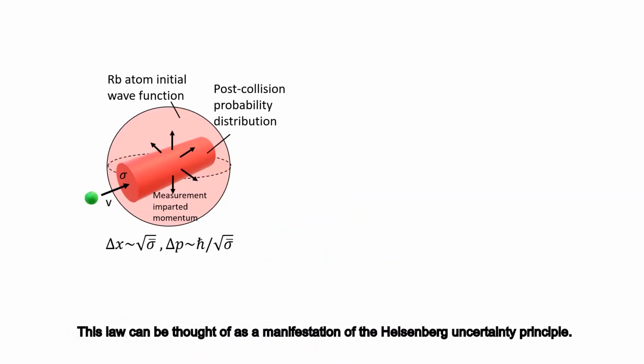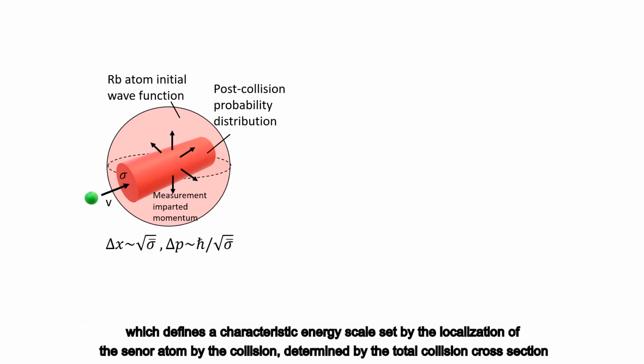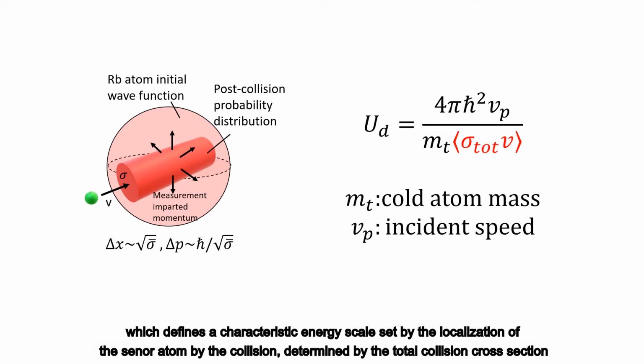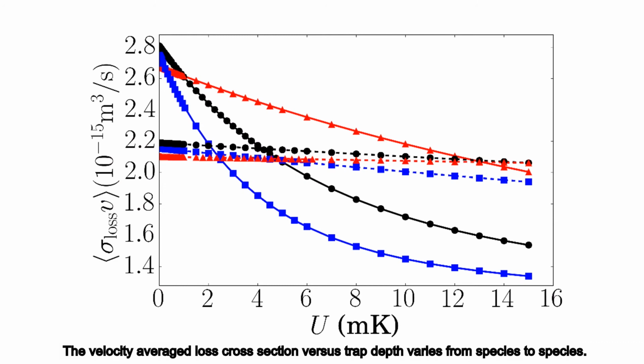This law can be thought of as a manifestation of the Heisenberg uncertainty principle, which defines a characteristic energy scale set by the localization of the sensor atom by the collision, determined by the total collision cross-section. The velocity average loss cross-section versus trap depth varies from species to species.